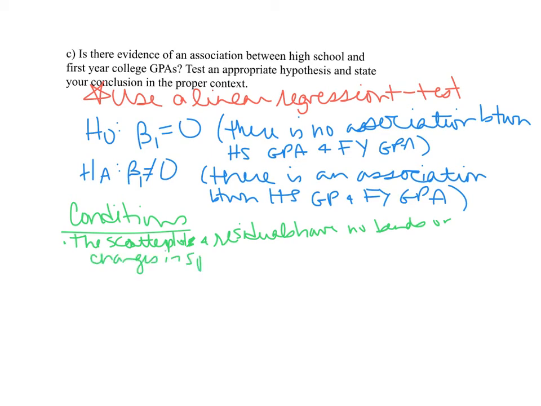You might notice here I'm putting 2 into 1. That's fine if you do that as long as you mention both of those. And the residuals are nearly normal. So the final thing is the random sample, and that actually is also satisfied.